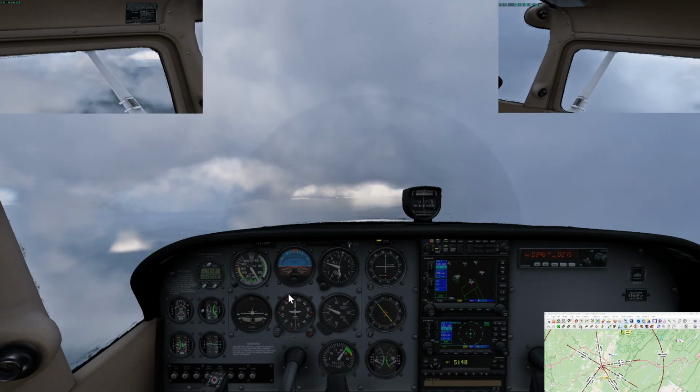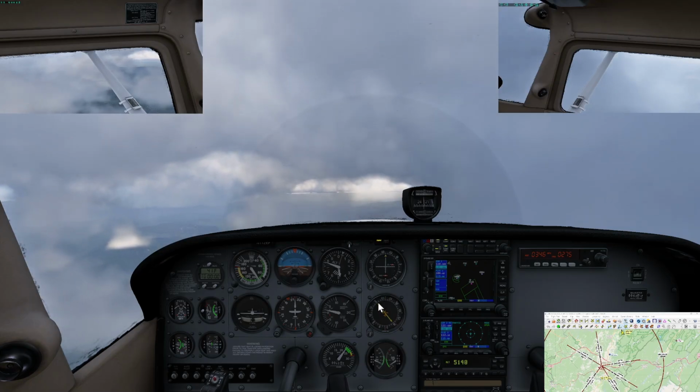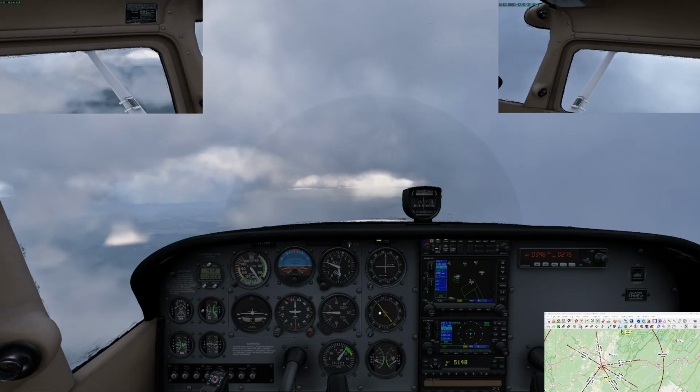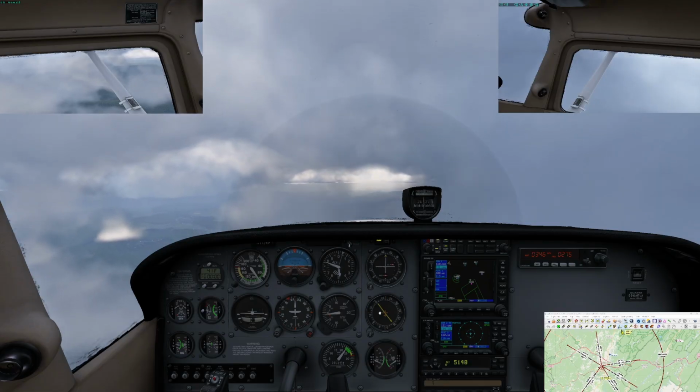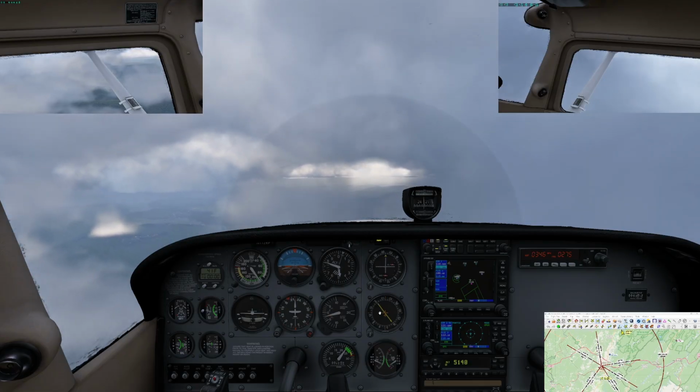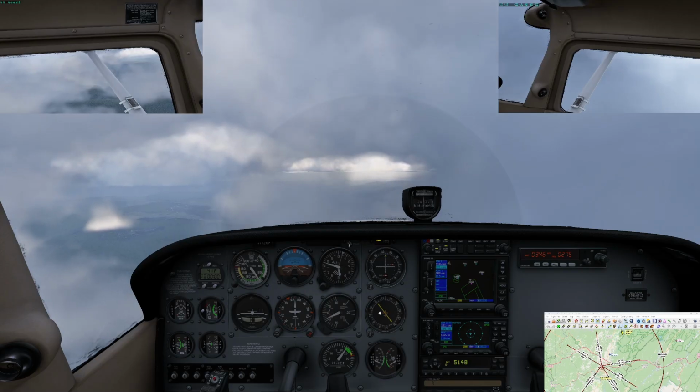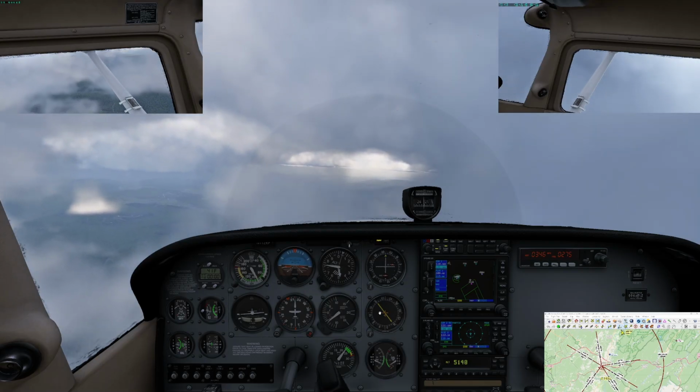If I just hold this heading 220 in there and watch the tail of the pointer, that will tell me the bearing from the station. I am almost on the bearing from the station.